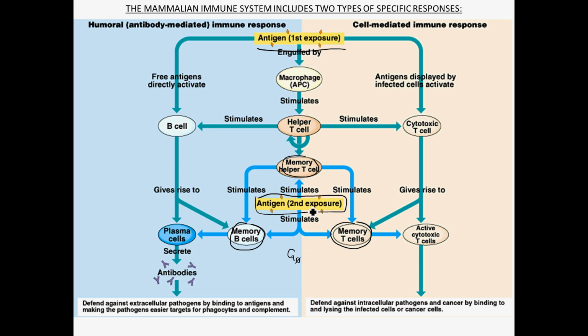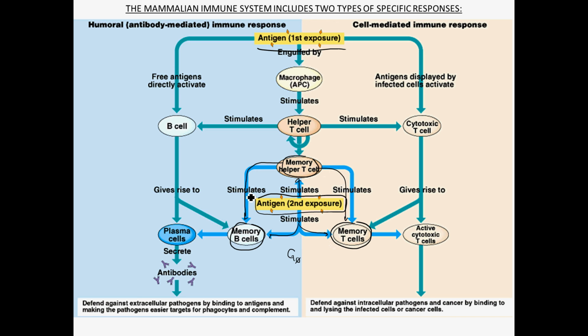So upon second exposure, the same antigen comes into you again, and let's look at what all this does. It stimulates these memory helper T cells, the memory B cells, and the memory T cells. These memory helper T cells, upon being stimulated, will also stimulate the memory B cells and memory T cells.